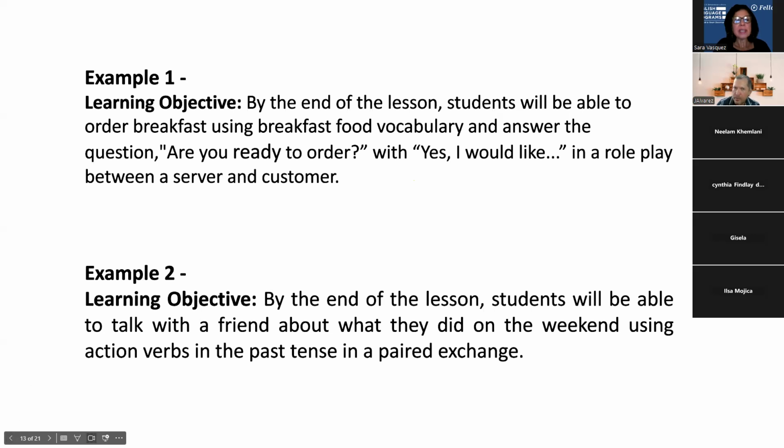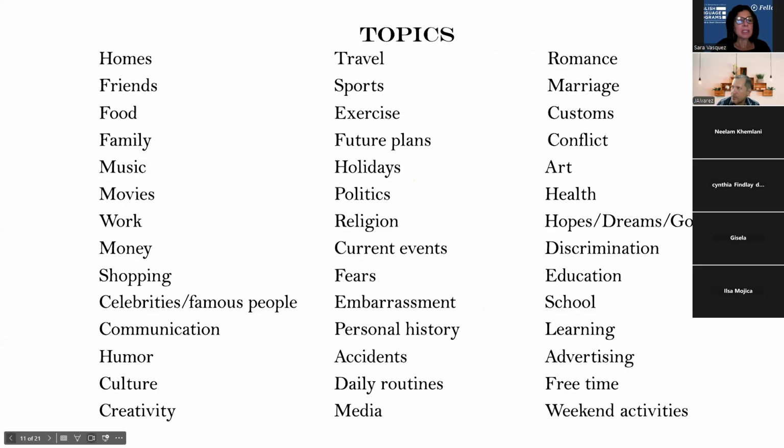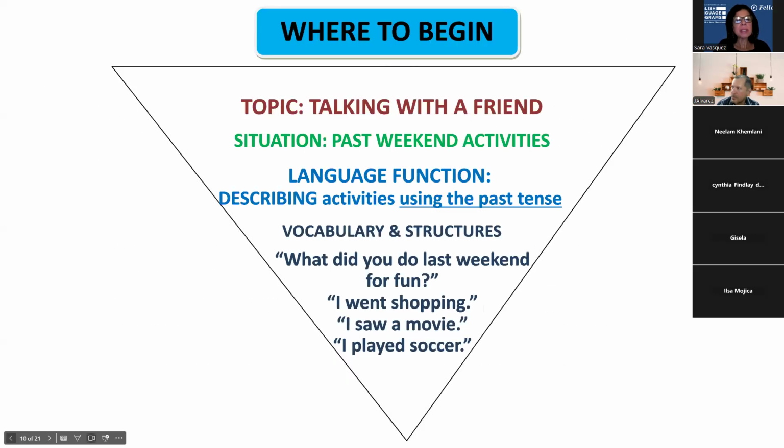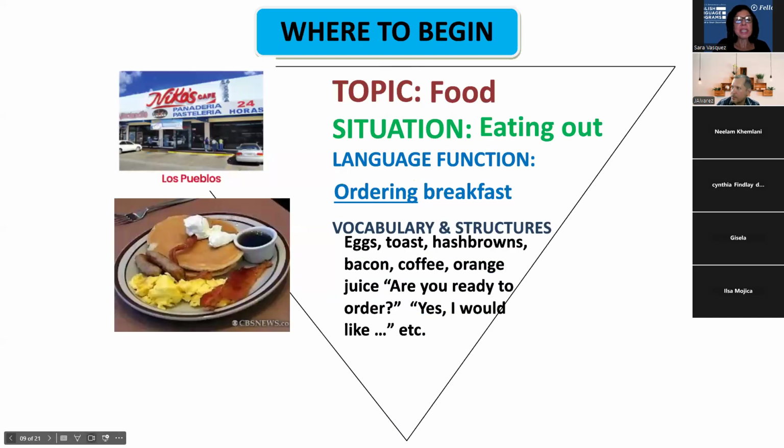So let's see if we can give them that information either in the chat box or leave it on. There's the topics. Yeah, or leave it on this example where to begin.